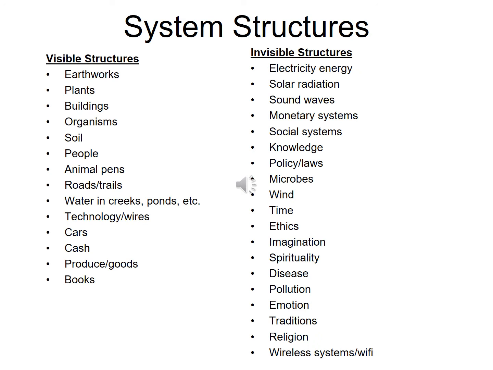So invisible structures are countering all the things we've talked about so far, in the sense that we've mostly discussed visible things, elements like earthworks, swales, terraces, gabions, plants, buildings like tool sheds or chicken coops, organisms, the livestock you might have on your farm or in any kind of design system you're thinking of, the soils, people, roads, trails, access points, water, technology, the actual pieces of technology, automobiles, cash, produce from the gardens, books.